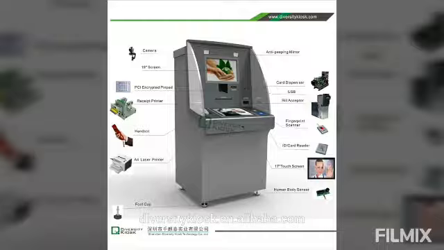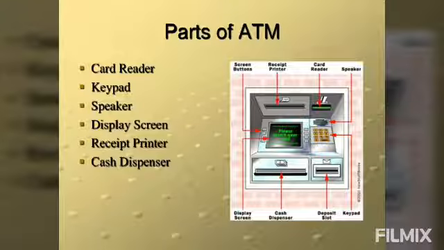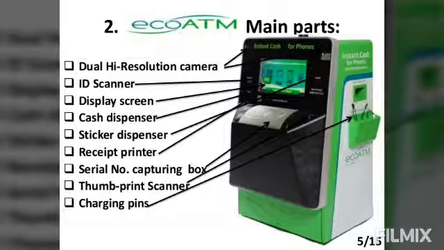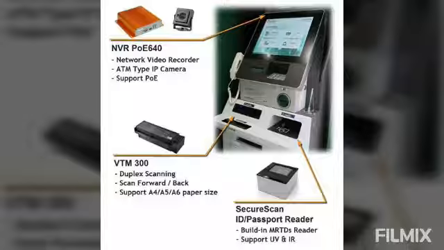The strip contains an identification code that is transmitted to the bank's central computer by modem. The users insert the card into ATMs to access the account and process their account transactions.